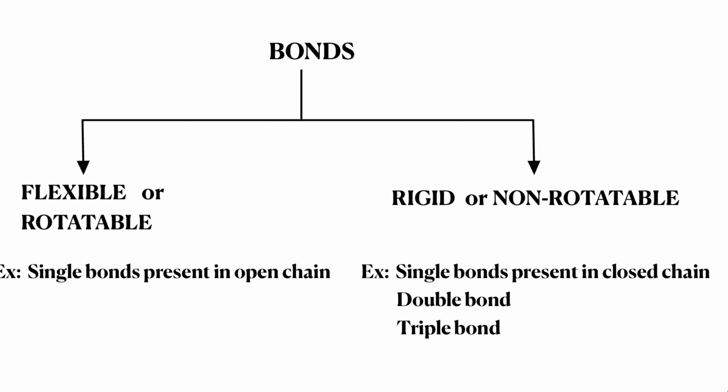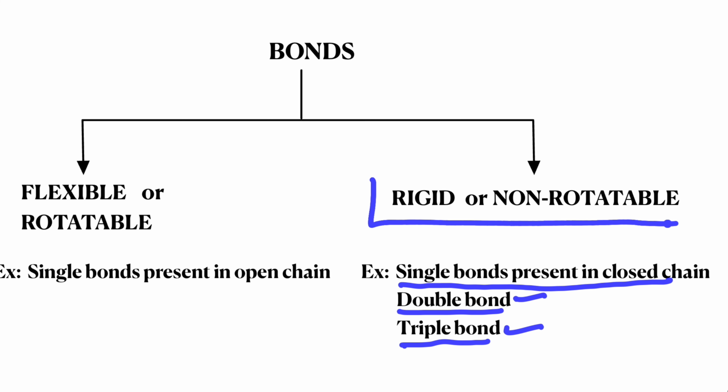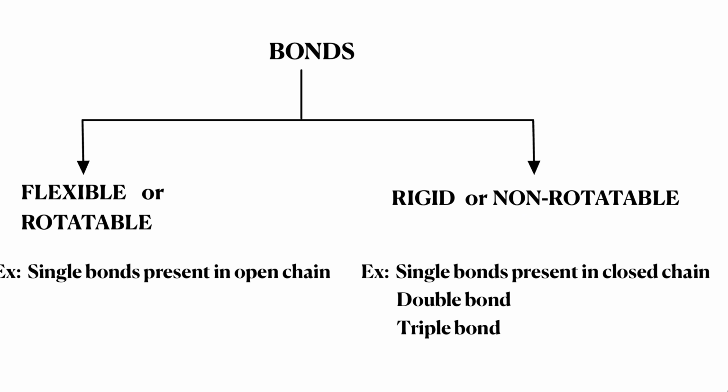Single bonds present in closed chain, C-C double bond or C-N double bond or C-O double bond, whatever it may be, double bonds and triple bonds, these are rigid or non-rotatable bonds.